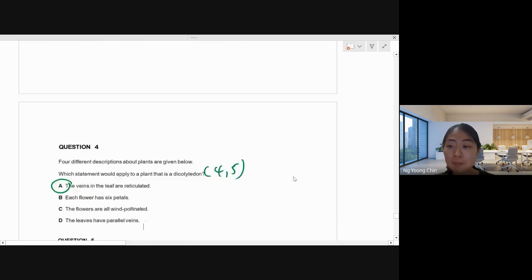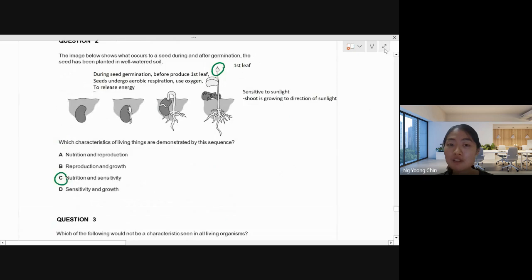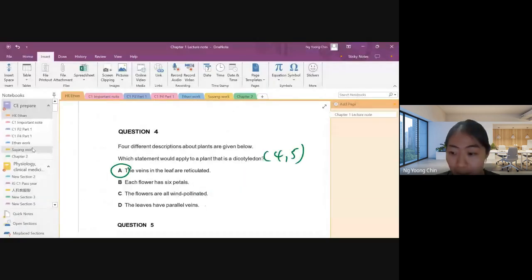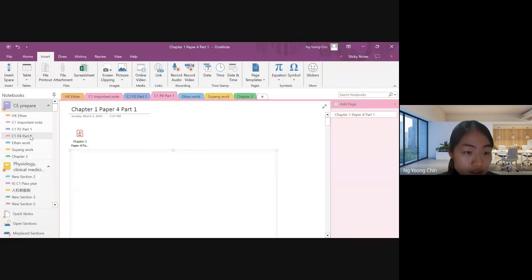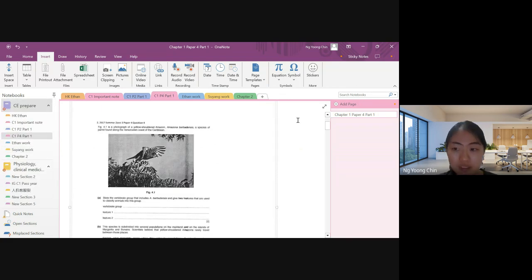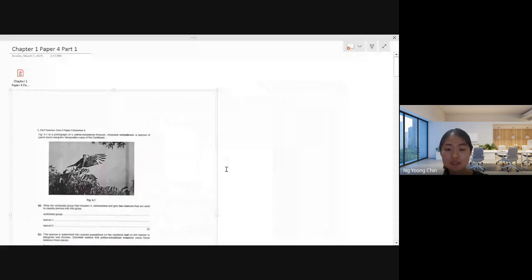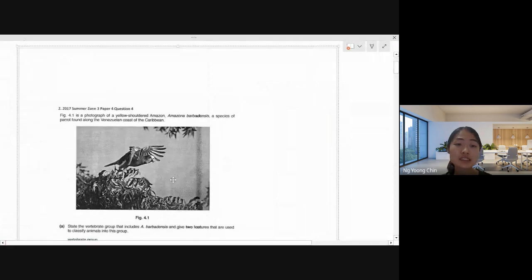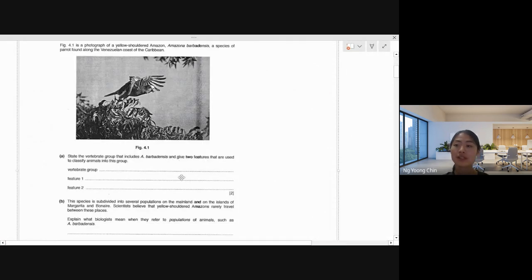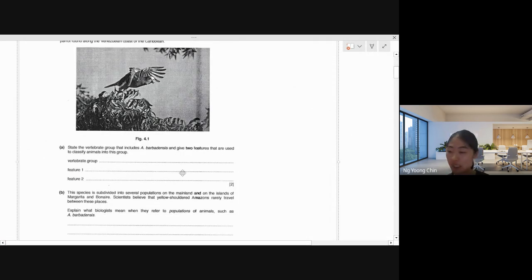Okay, so maybe we can attempt paper 4 questions. This is an IGCSE past year question. So maybe we can have a try on a few questions. Have you downloaded this question?